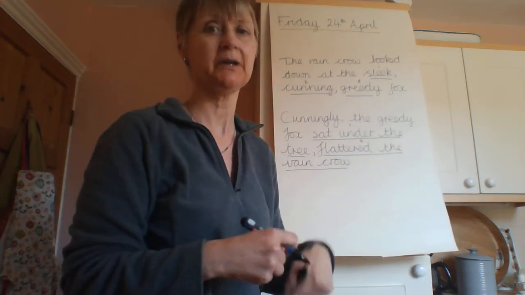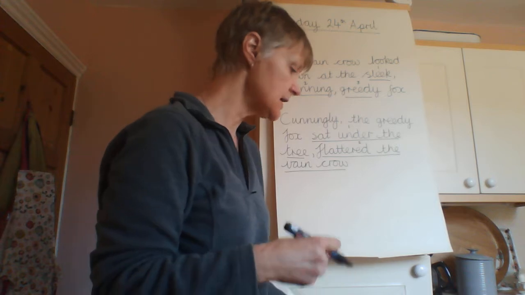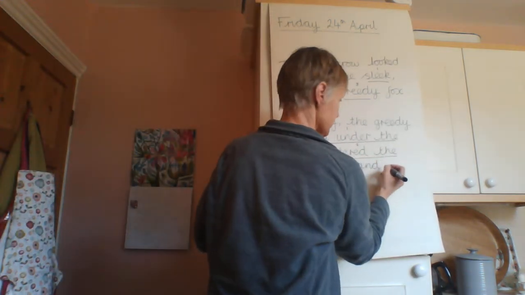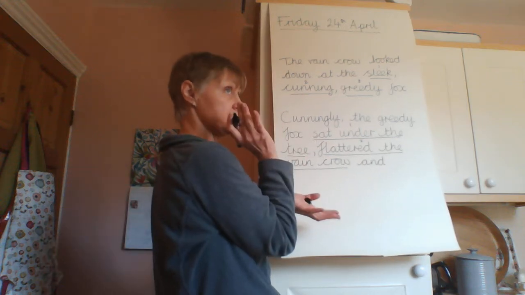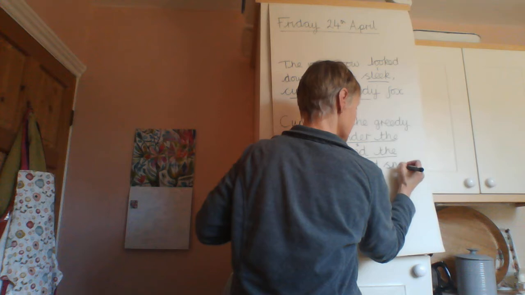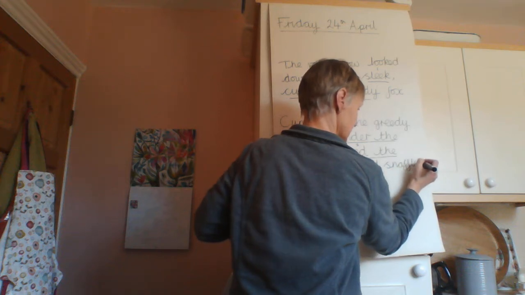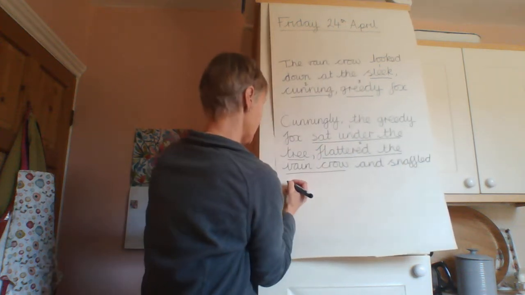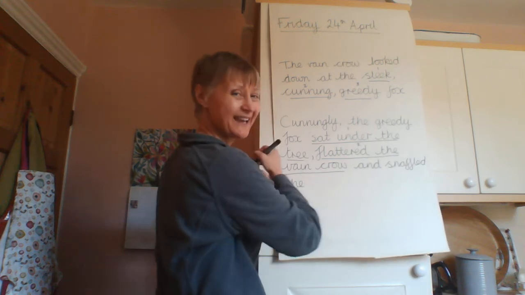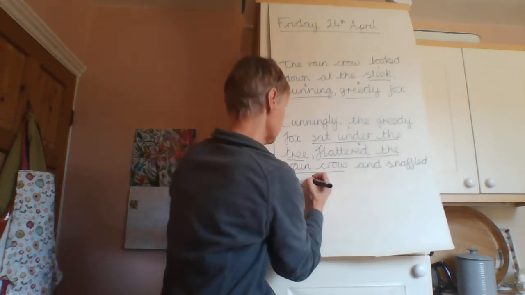I'm actually going to put an and in between these ones. And what would he do after he'd flattered the vain crow and the crow had opened up his beak? He's snaffled, could put delicious cheese, but again, I don't want to make it too long a sentence.